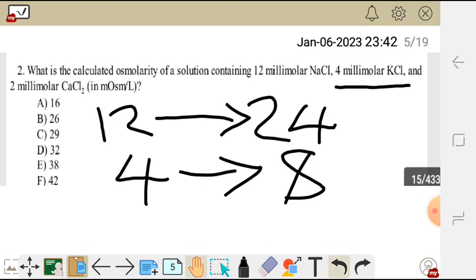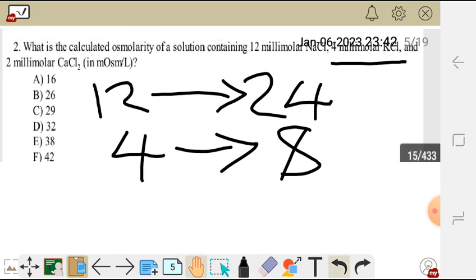And then from there, we have the calcium chloride. Calcium chloride here is 2 millimolar, but when it dissociates, it forms 3, because we have 1 calcium ion and 2 chloride ions. So 2 by 3 will be 6.